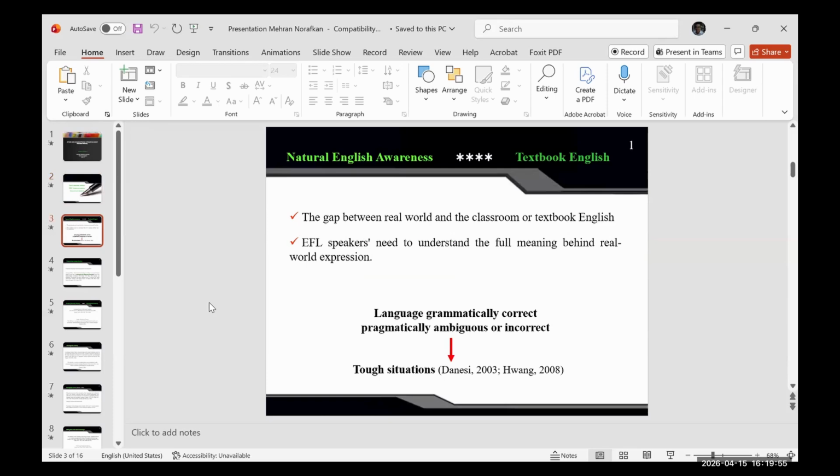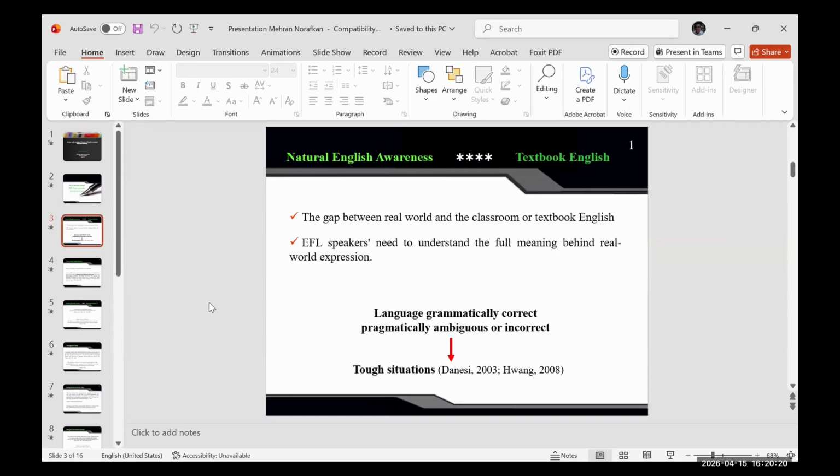What we observe among language learners, ignoring which country they're coming from, is that many of them are learning English in classroom settings and accordingly based on a textbook English, which is different from the natural English awareness expected.